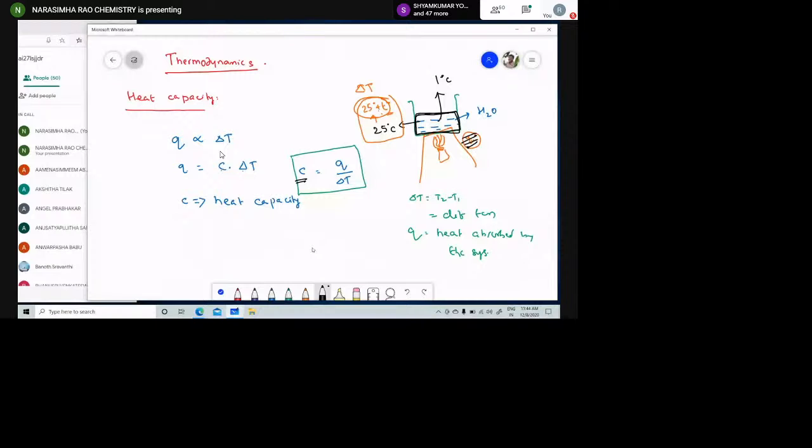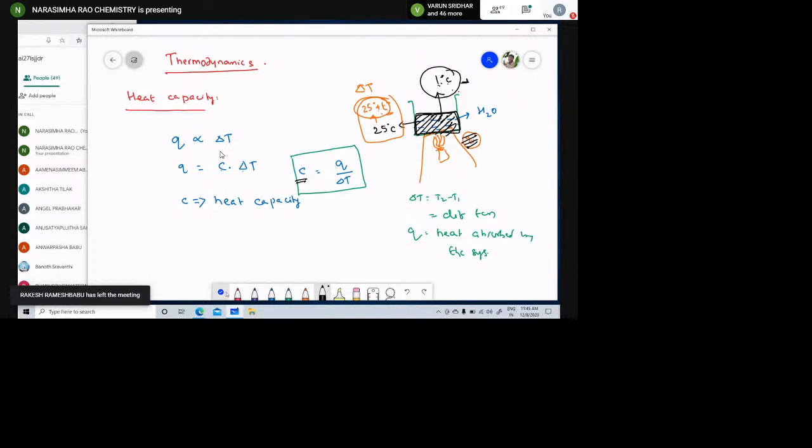Children, once again I am repeating this: the amount of heat required to raise the temperature of a system or body by 1 degree is called heat capacity. Heat capacity of a system depends upon its internal structure and physical state. It's clear, right, children? Is there any doubt?